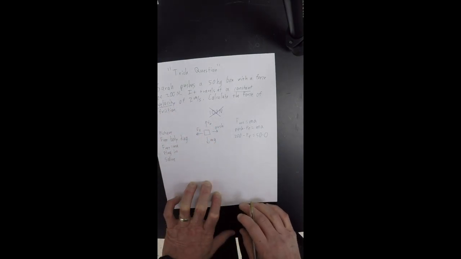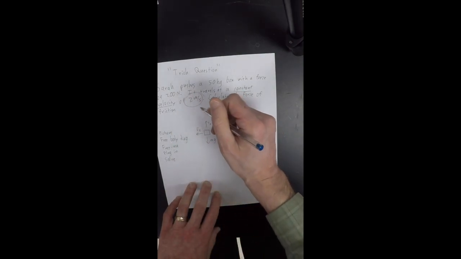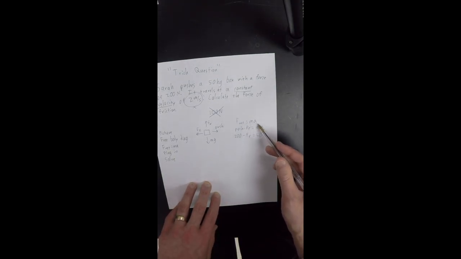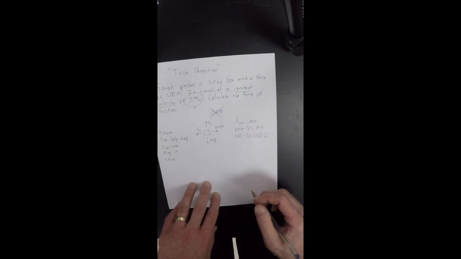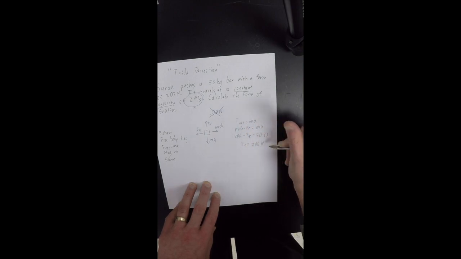That means it's not accelerating. This number here was completely irrelevant. It's a red herring. Because there's no velocity in this equation right here. You put in the acceleration. And then we solve our equation, and we get force of friction equals 200 newtons.